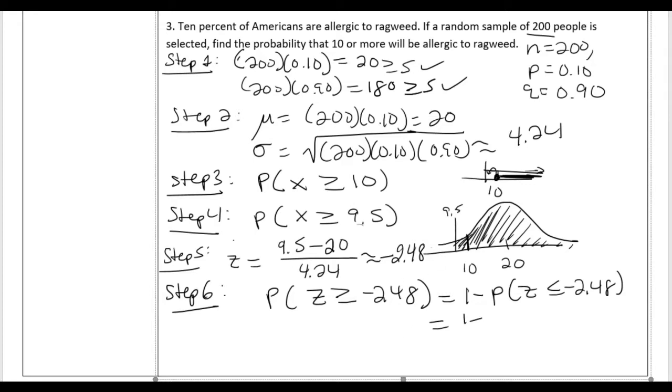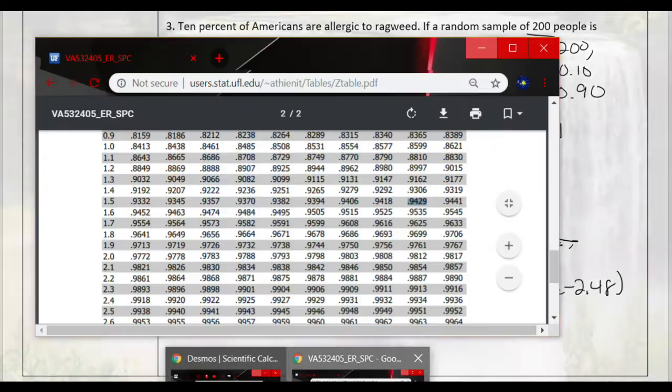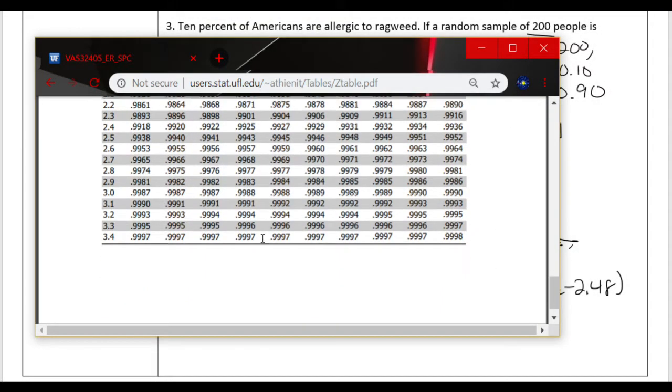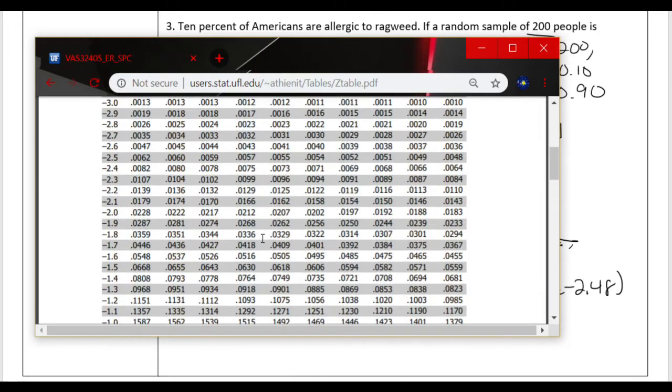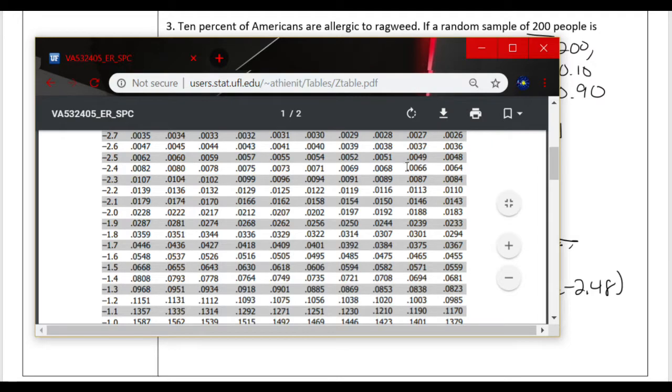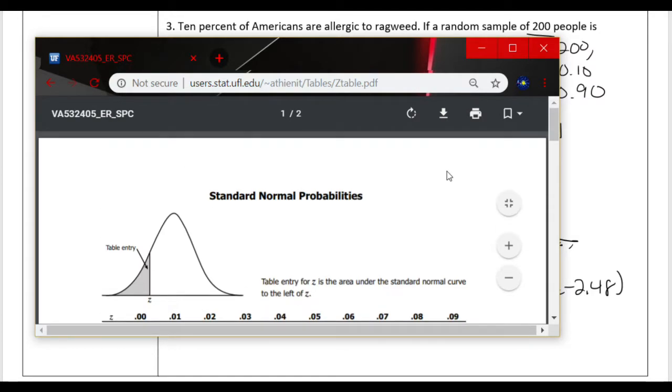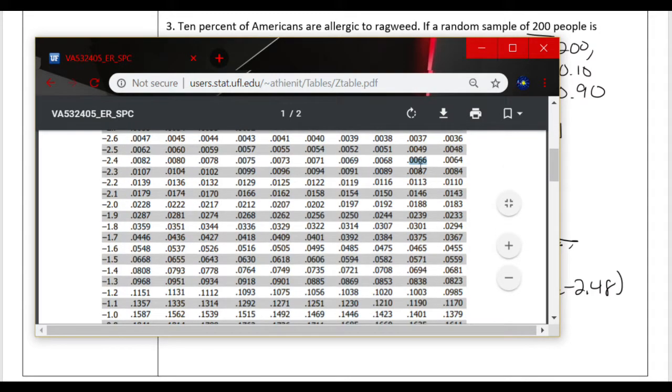So we're going to look up negative 2.48 on the table. So negative 2.48 is 0.0066.